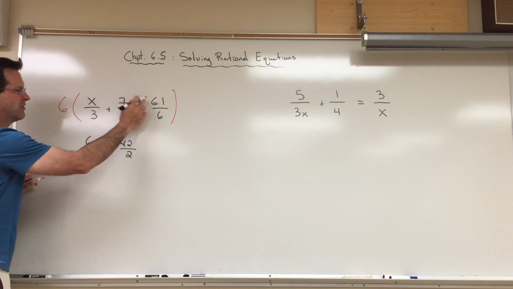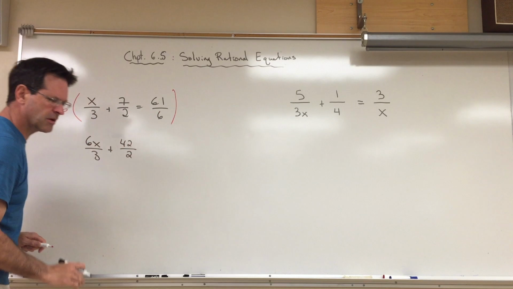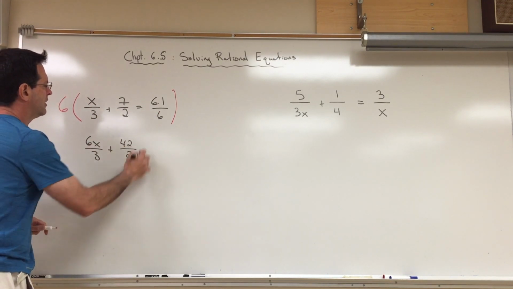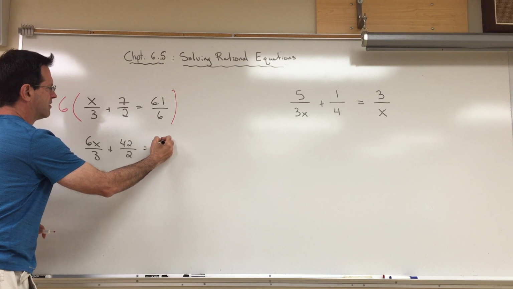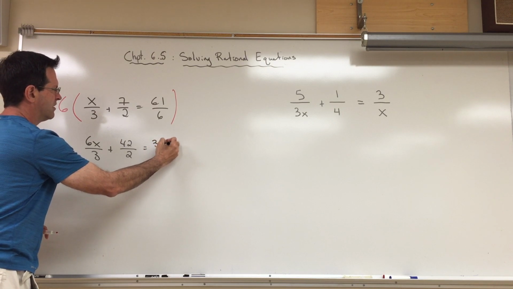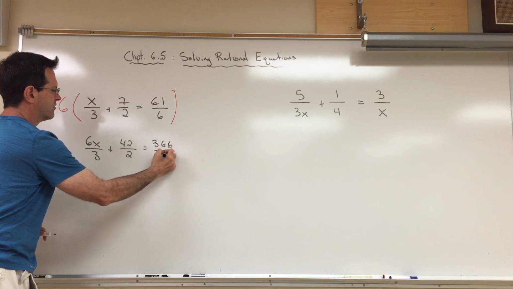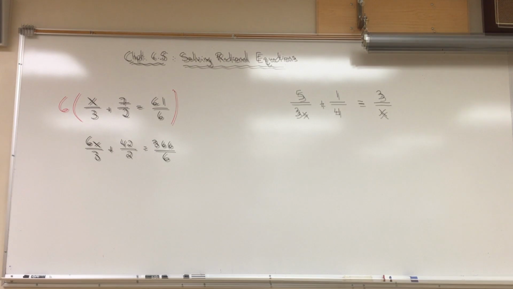And 6 times 61, what is that? 6 times 61. I believe that's 366 over 6. I'm going to give you some time here. See if you can solve this.